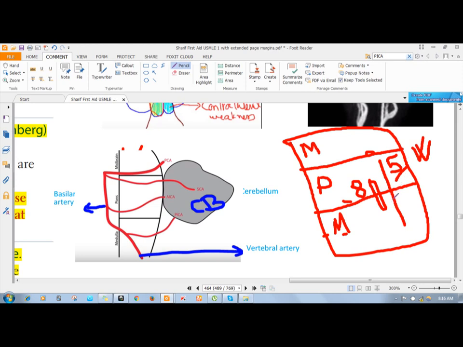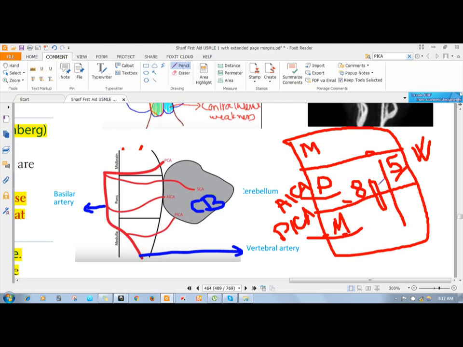And if you have a lesion involving the lateral pons or the lateral medulla, so a lesion involving AICA, which is for pons, and a lesion for PICA, you are going to have those symptoms which are common to both of them.